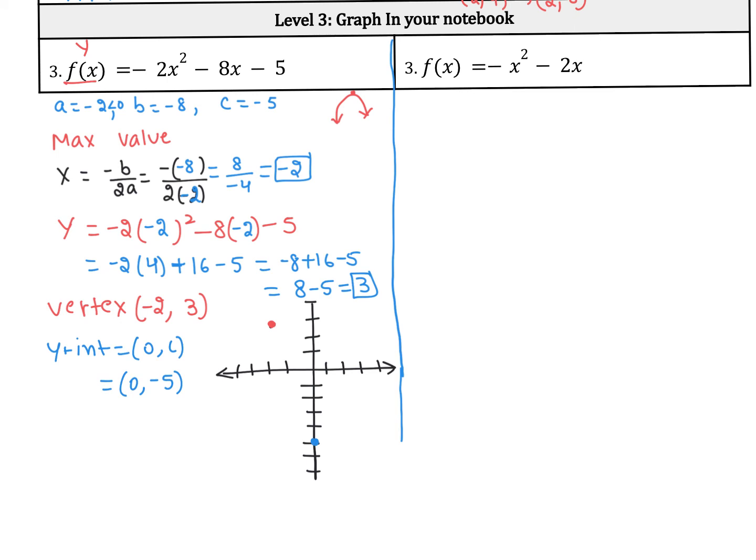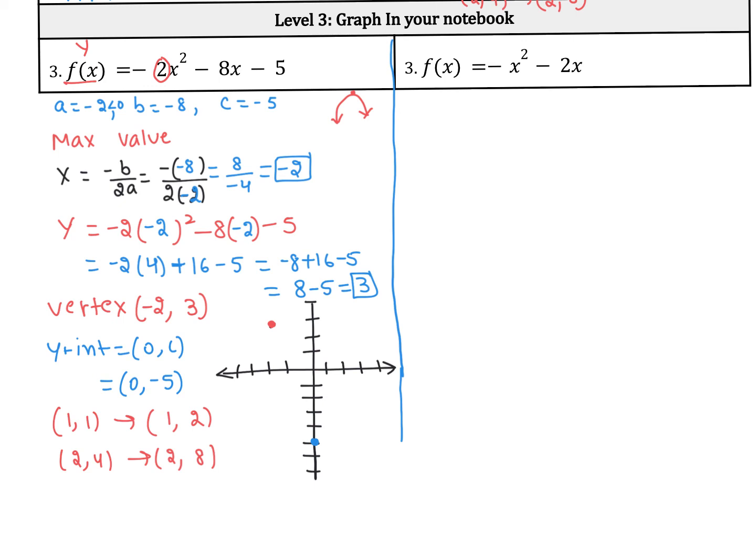If you want to follow the pattern for this graph, normally it is 1, 1 and 2, 4. Since there is a number in front that is 2, it means that the x coordinate will be the same, but the y coordinate will be multiplied by 2. So the pattern will be 1, 2 and 2, 8.